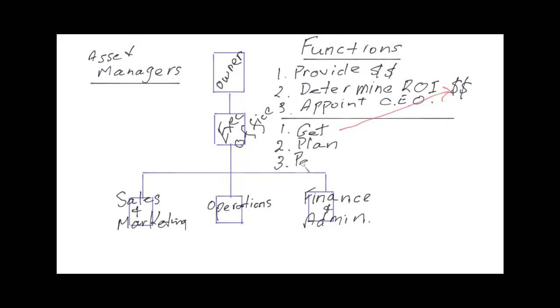Now here in our model of the business, you see I'm putting these red lines showing that as the business plan goes into action, the sales and marketing take a portion of the plan, the operations have their portion, and then the finance people report, and they send that report back to the executive officer who sends it up to the business owner, and they can tell from looking at that report how successful the business is in getting to its destination.